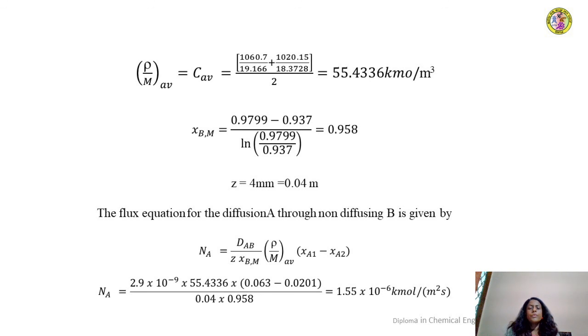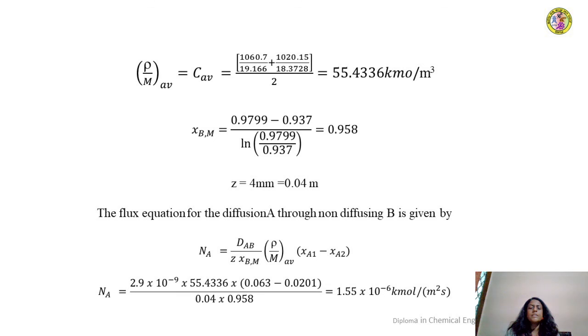Now for the purpose of substitution, let us calculate the value XBM. We know (XB2 minus XB1) divided by ln(XB2 by XB1) will give you XBM. Substituting the values of XB2 and XB1 gives a value of 0.958, which is the log mean mole fraction of component B, that is XBM.